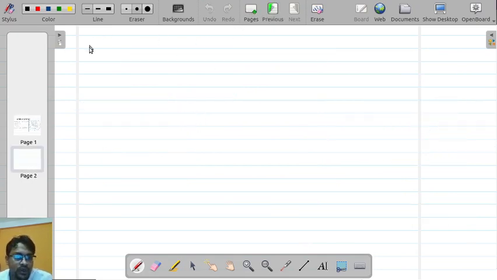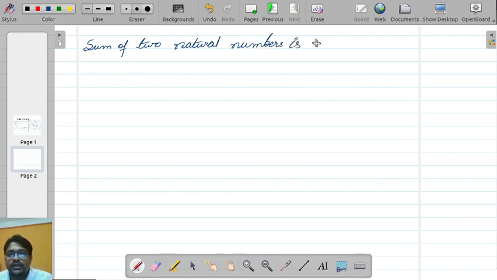Let me list it out so that you can understand better. The sum of two natural numbers is a natural number. If you add two natural numbers, the result is also a natural number.